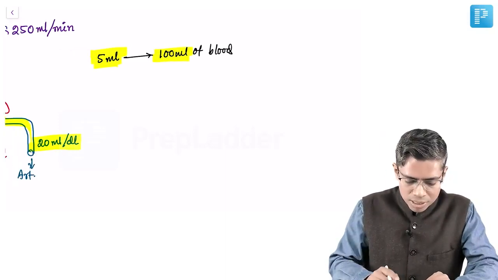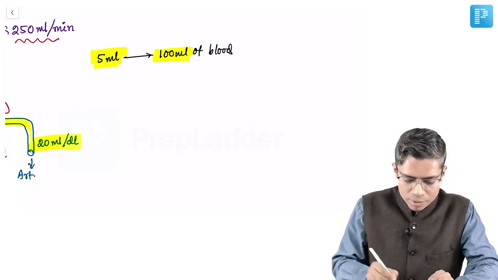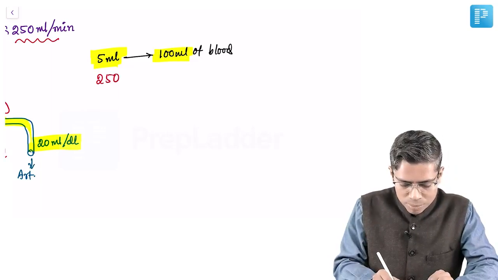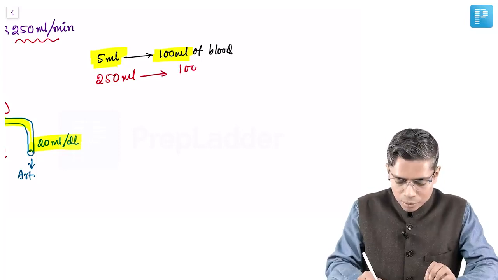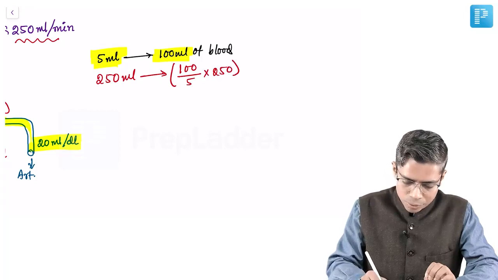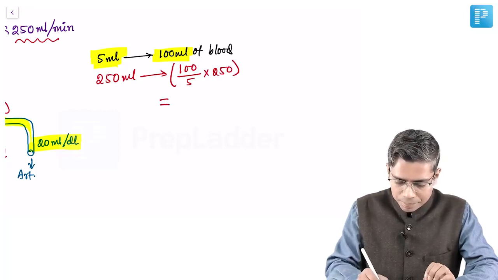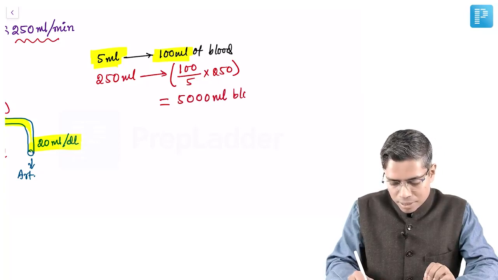So how much oxygen is consumed by lung in 1 minute? We have already calculated, 250 ml. So 250 ml oxygen will be consumed by how much ml of blood? This is very easy, multiplied by 250, so this will be 500 ml of blood.